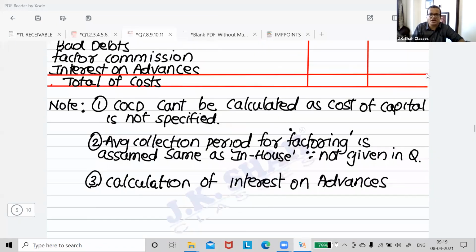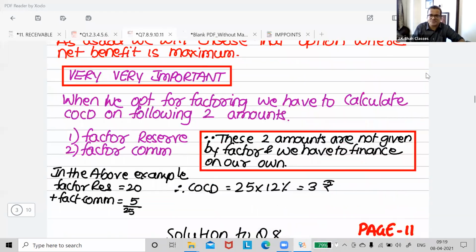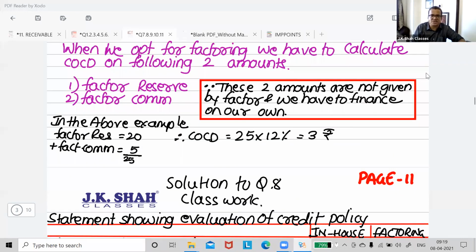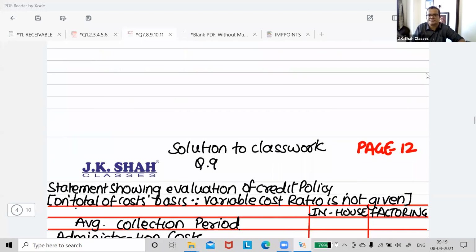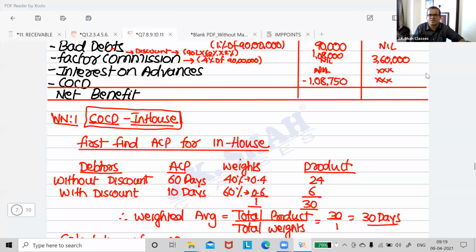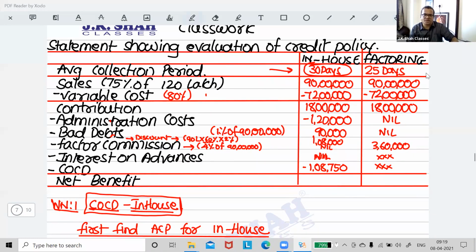I had explained how to calculate factor. This part we will need, and for COCD, this part we will need, on your page number 2. This ACP we also calculated right now, 30 days. Refer working note 1.